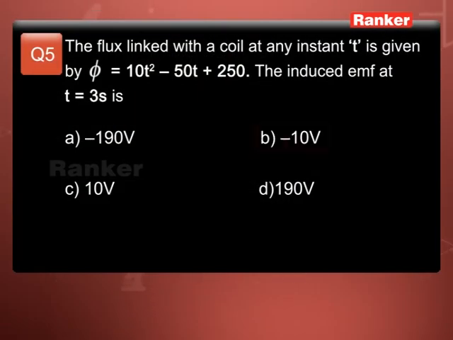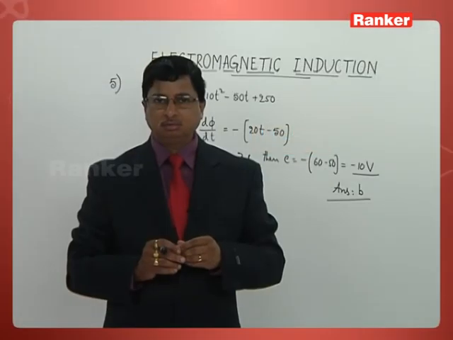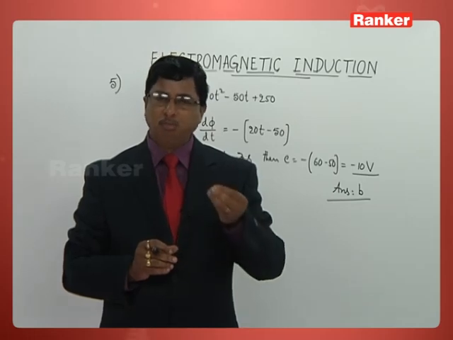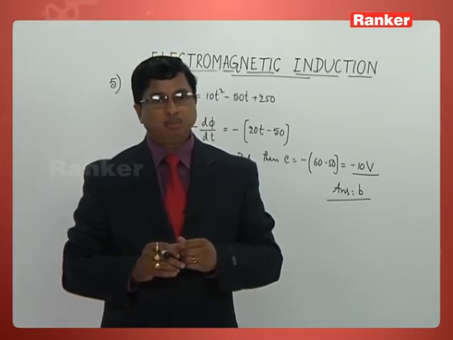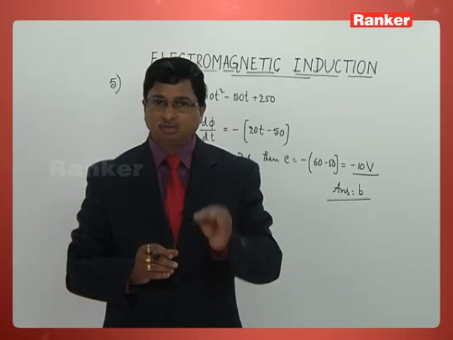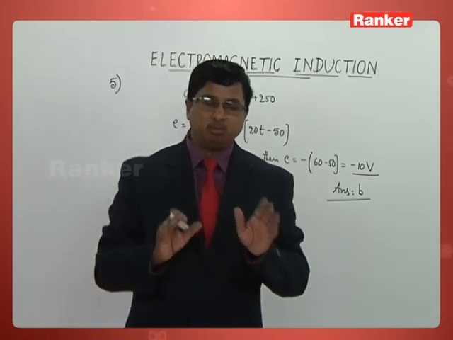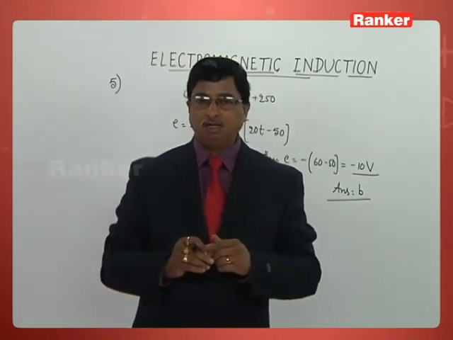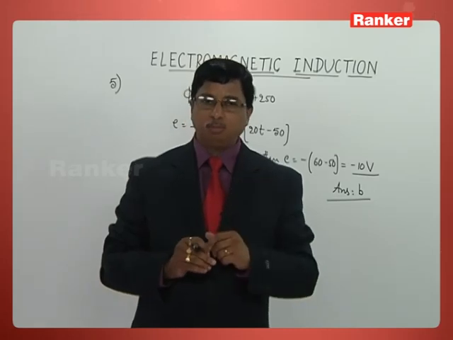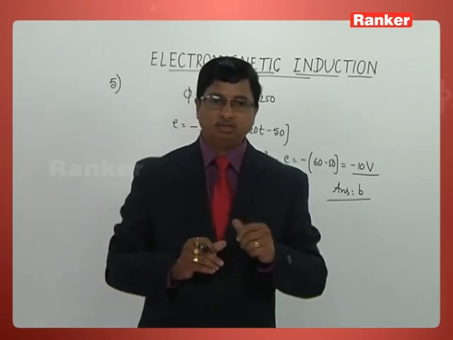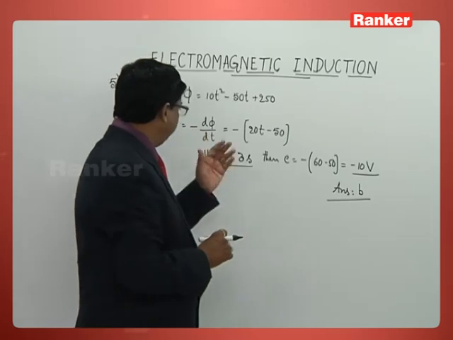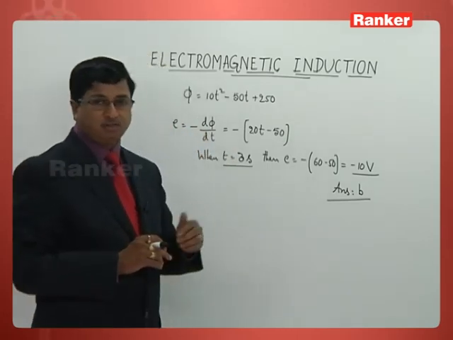So the answer for this particular question is B, which is minus 10 volt. A simple and basic equation and basic method of doing the problem, but for that negative sign, no other special importance as far as this particular problem is concerned. So this is problem number 5.